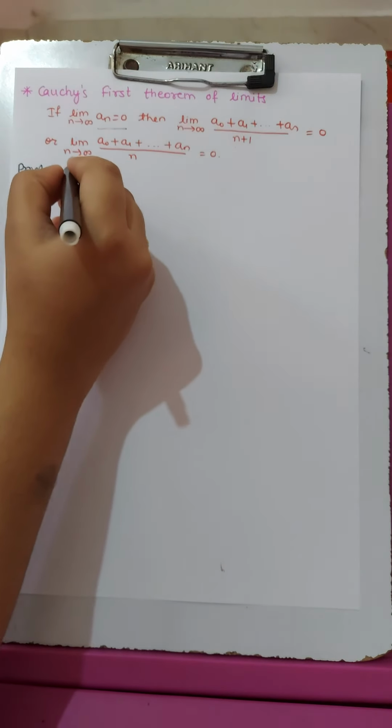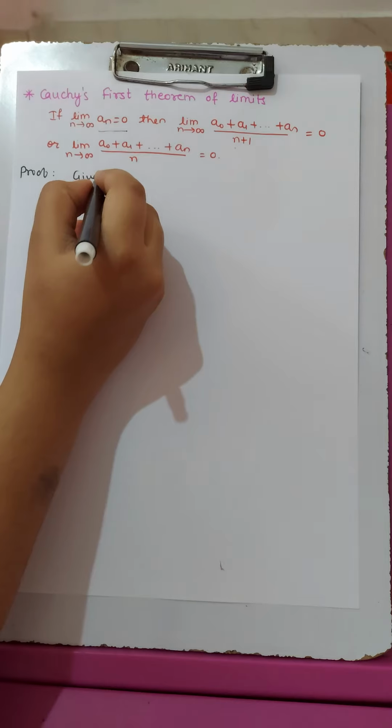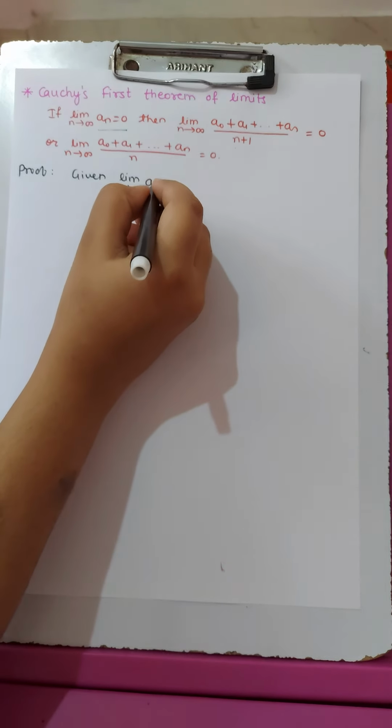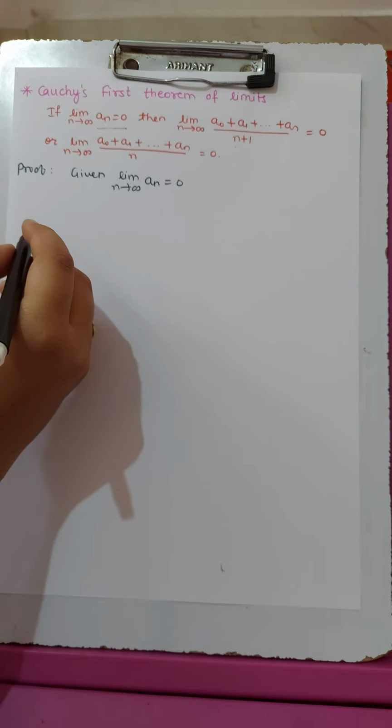So given is that the limit as n tends to infinity of an is equal to 0.